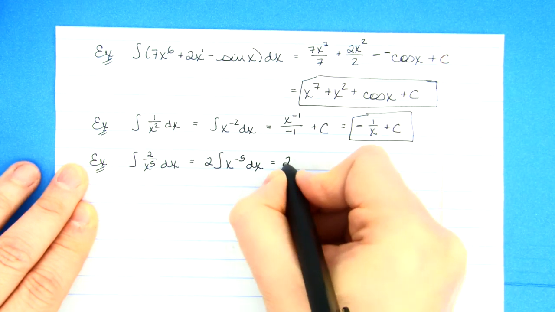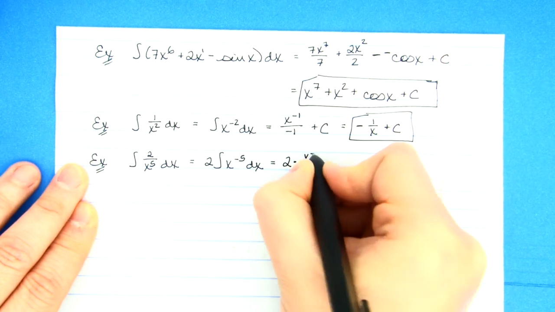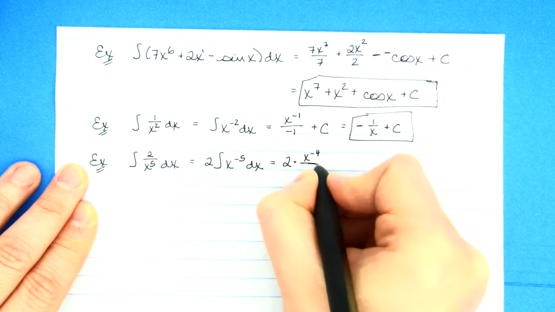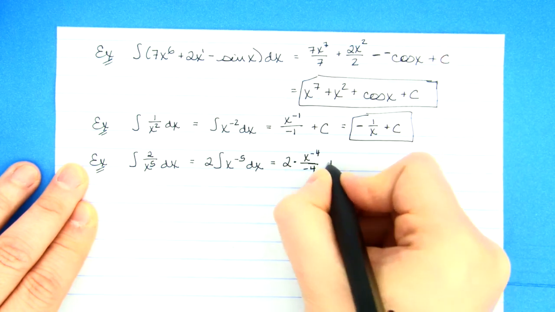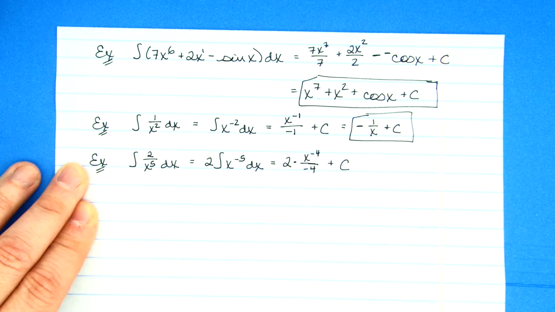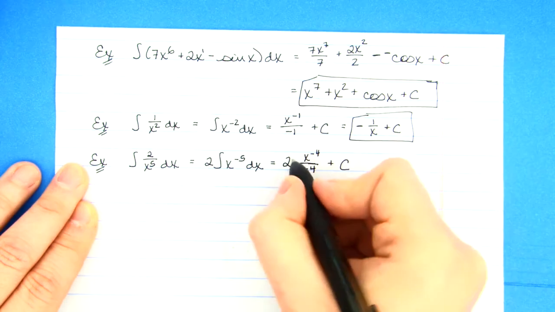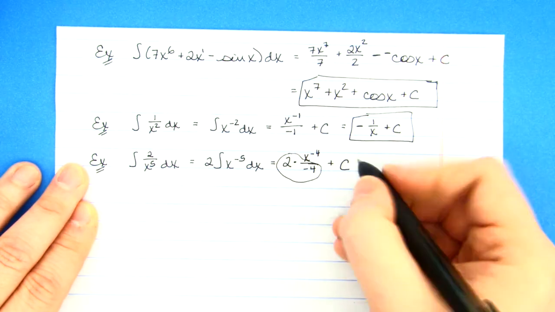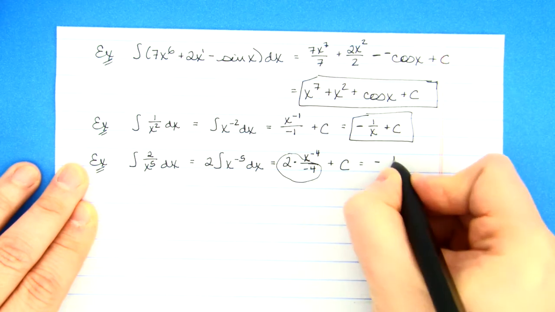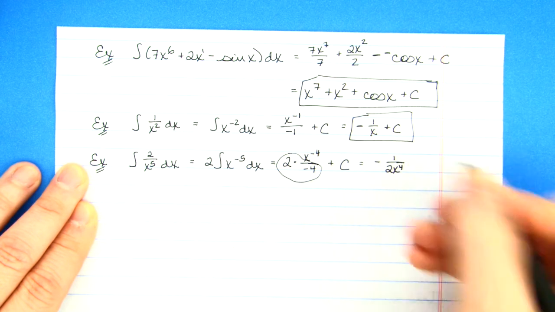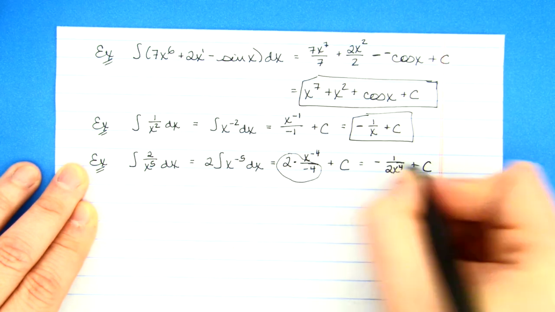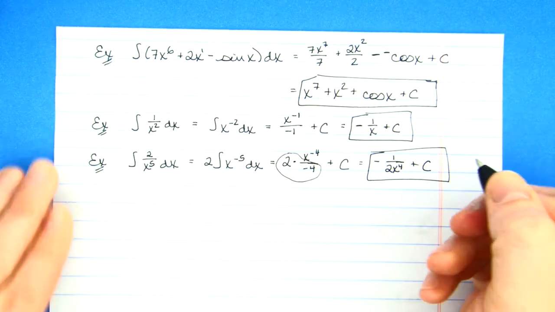This gives me 2 times, okay, add 1 to the power, negative 4, divide by the new power, negative 4, plus a constant. Let's see, this thing is going to be like a negative 1/2. The x to the fourth, I'm going to move to the bottom and make this negative 1 over 2x to the fourth, plus a constant, and I think we should get that.